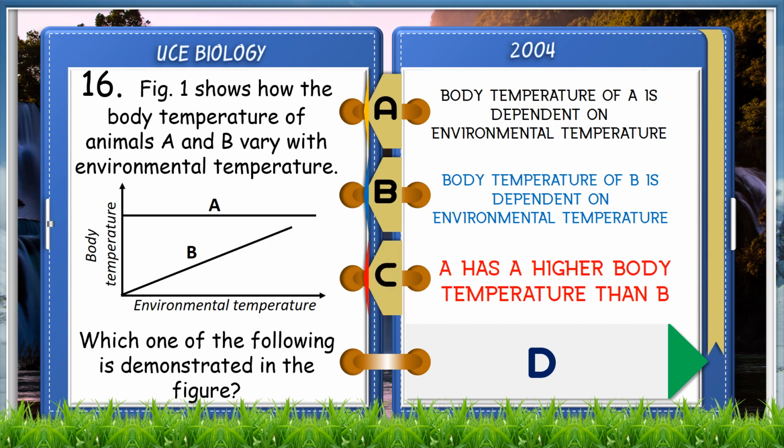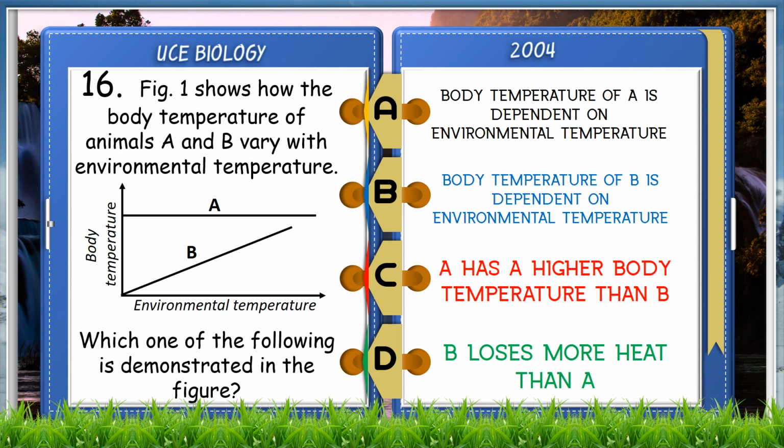C. A has a higher body temperature than B. D. B loses more heat than A. The answer is B. Body temperature of B is dependent on environmental temperature.